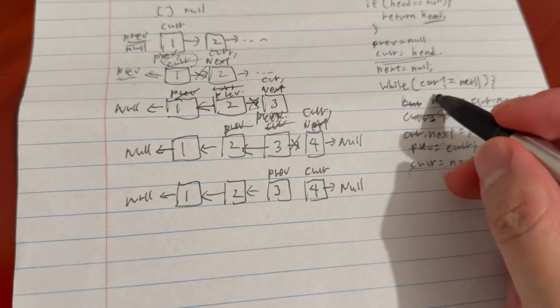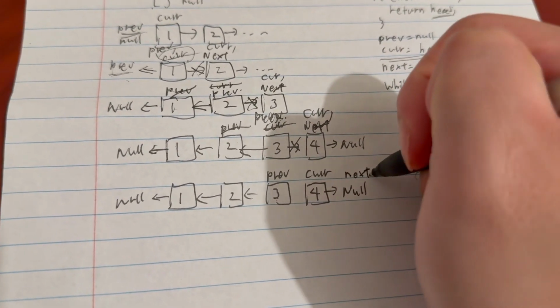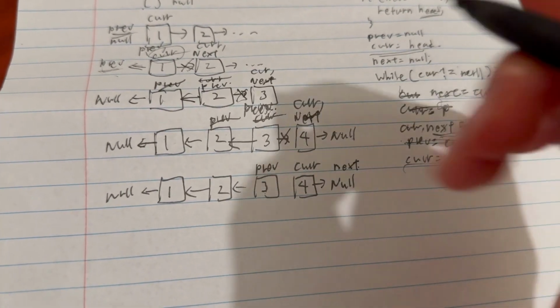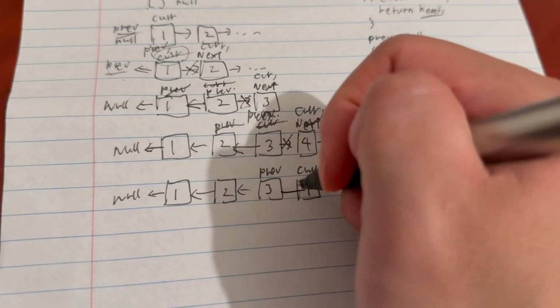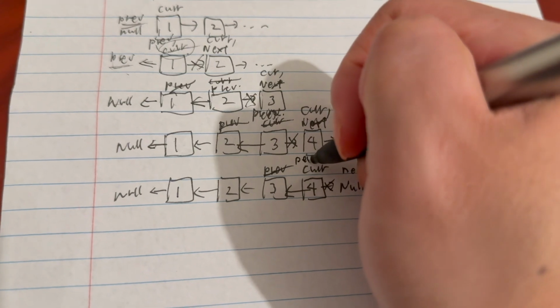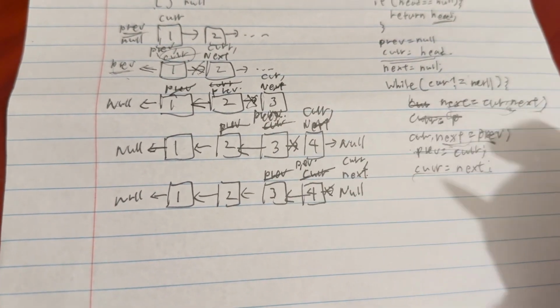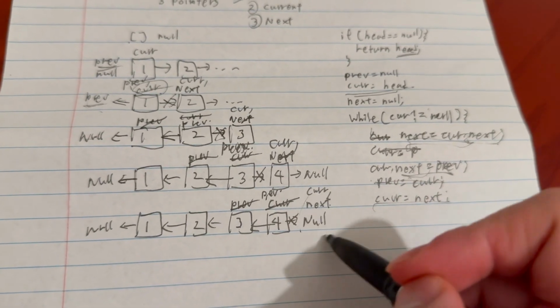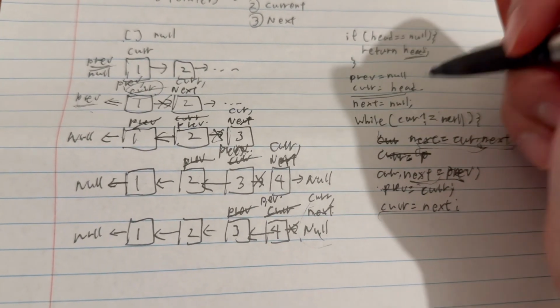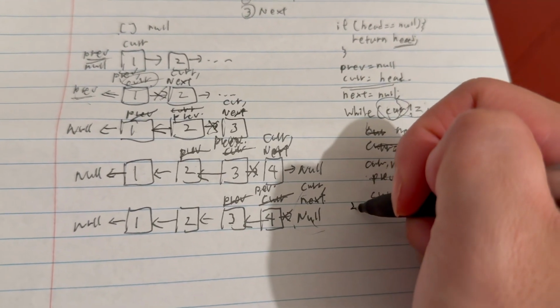And then next is going to be pointing to this, and then current's next is detached from previous here, and then previous is going to be updated to here, and then current, at the end of it, is going to point here. Now they're both pointing to null, so it can be checked either way. You see the current is null, so it will break out.